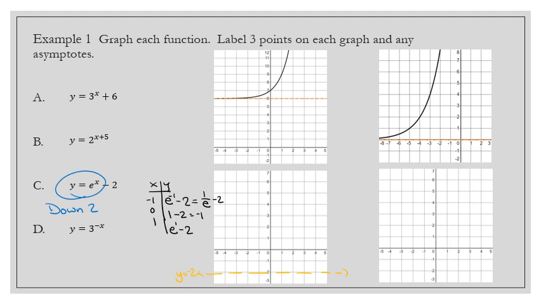I'll start with plotting 0, -1, the y-intercept, and then I'm just going to sketch the graph from there. e is approximately 2.7, so if you have 2.7 minus 2, it's actually 2.718, so we'd be at 0.718, right? That's approximately where that is on my graph.